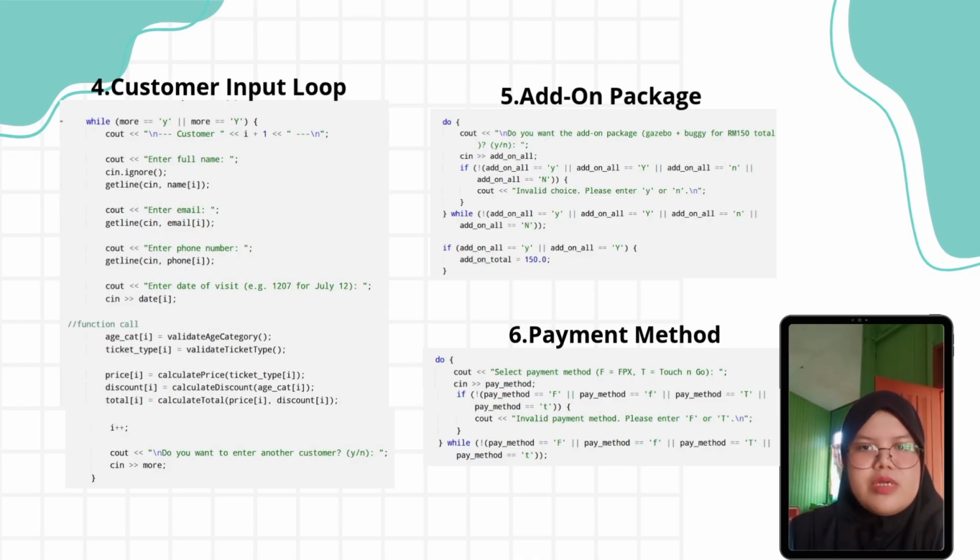This part includes a validation loop to make sure the input is only Y or N. For part 6, payment method. Now, the customer needs to select a payment method, either FPX or Touch and Go. Again, we validate the input so that only F or T is accepted.